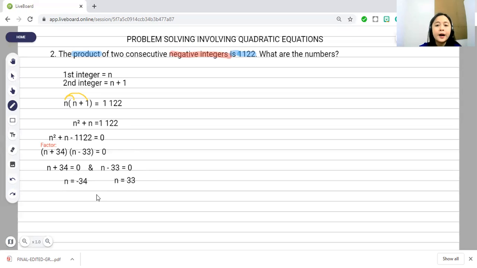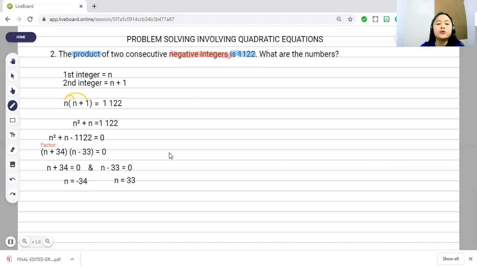However, going back to what the problem is asking us for, the problem is asking for numbers. But what specifically kind of numbers are we looking for in here? Looking at the concept of the problem, you're asked for the two consecutive negative integers.